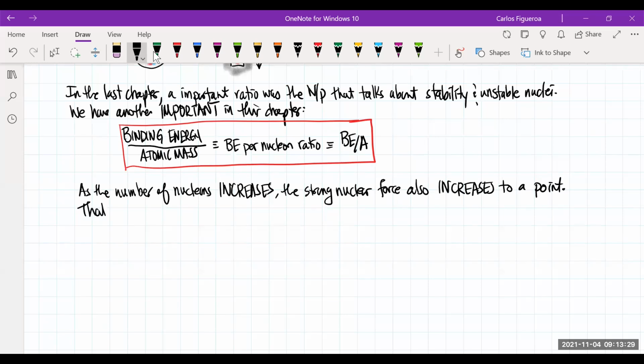That is, its strength reaches a maximum. And what we mean by a maximum is that this implies that the binding energy per nucleon is also a maximum.